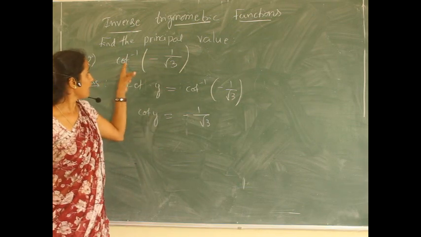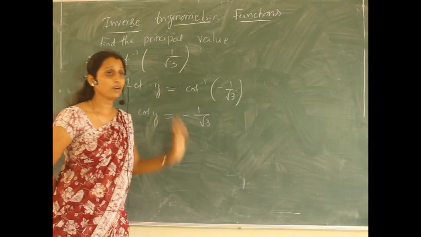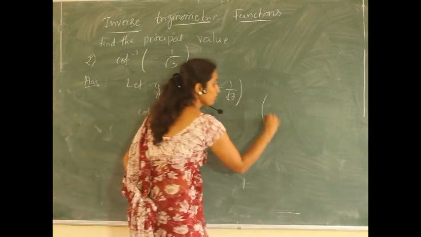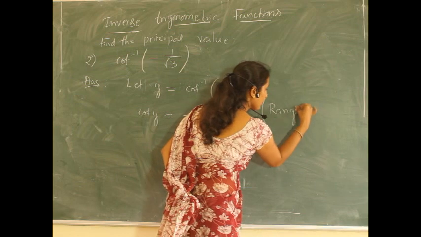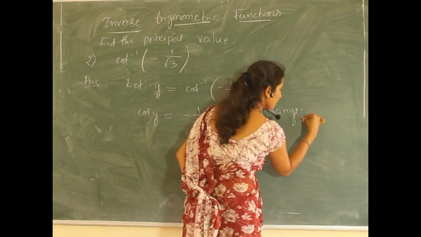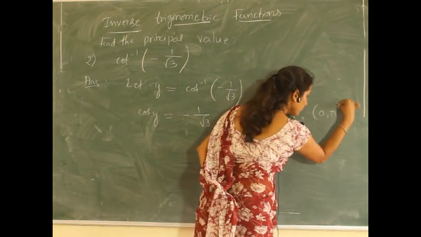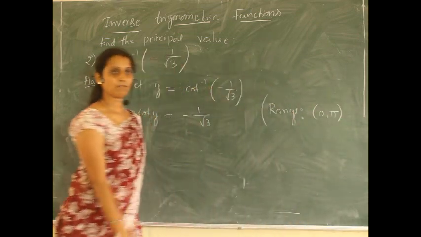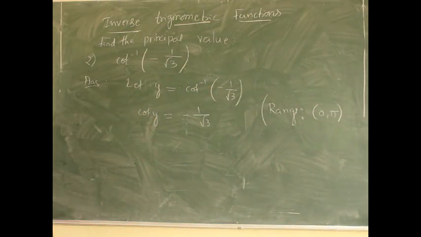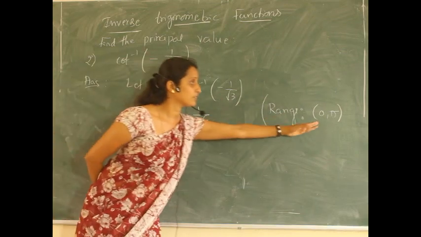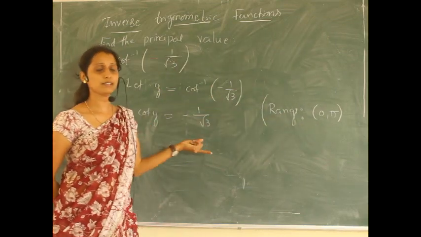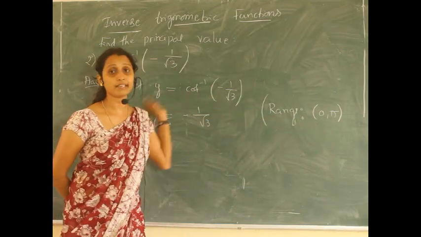But we also know that we are finding the value of cot inverse. The range of cot inverse is the open interval 0 to pi. 0 to pi means 0 to 180 degrees, which comes in the first and second quadrant.